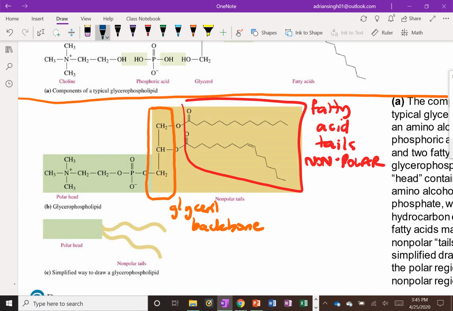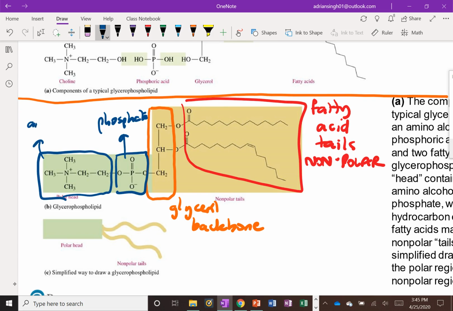And then on the other side, we have your phosphate. And then you also have your amino alcohol, which is choline in this case.